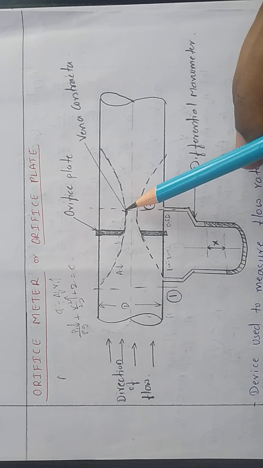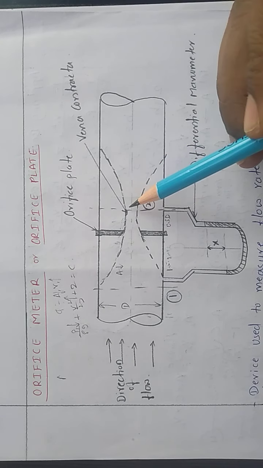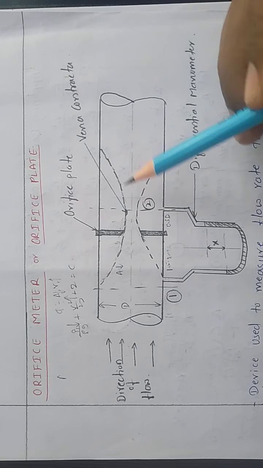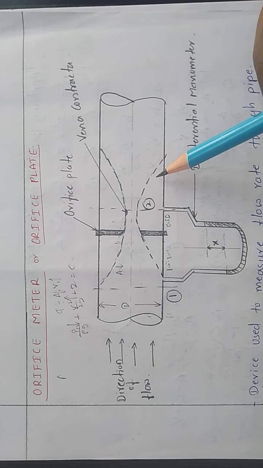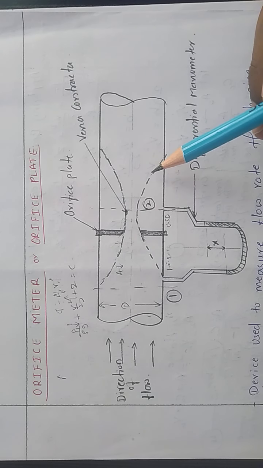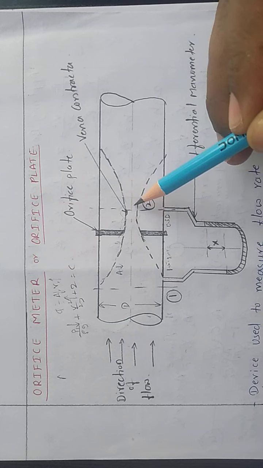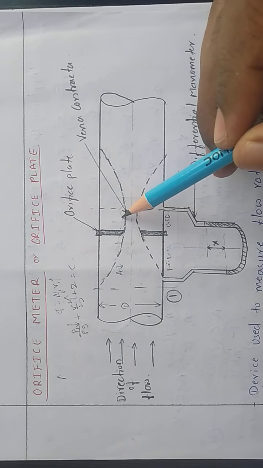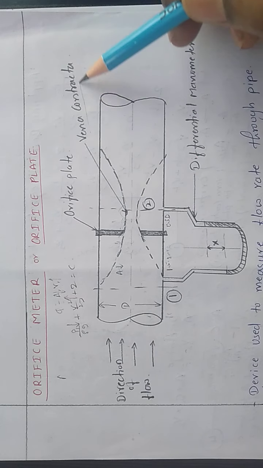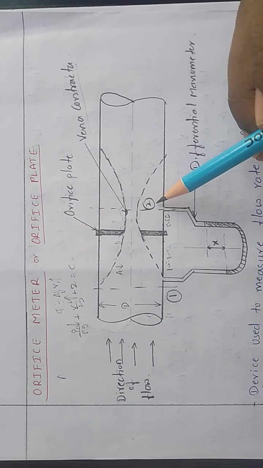Then the cross-section area starts increasing, the velocity of the fluid starts decreasing, and the pressure starts increasing. The section where we have the minimum pressure, we call it the vena contracta. I am denoting that cross section by number 2.